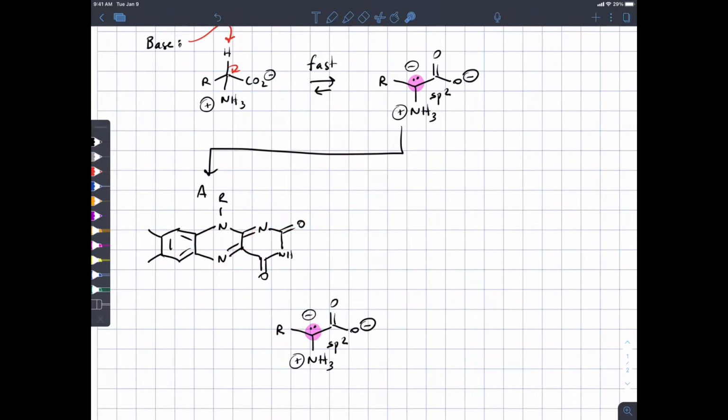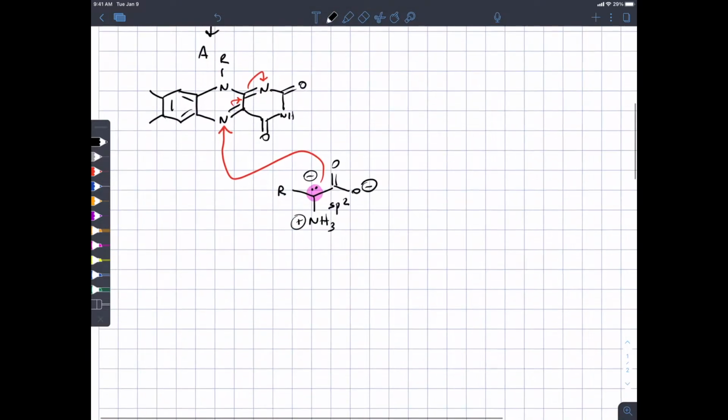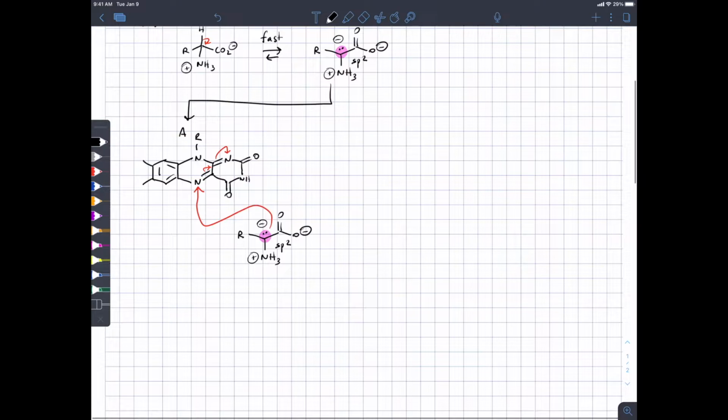It's almost like an alpha-beta unsaturated carbonyl compound, only it's alpha-beta and gamma-delta unsaturated. In any case, one option is to have the enolate attack here, and we'll move electrons there, and we'll get the following intermediate.